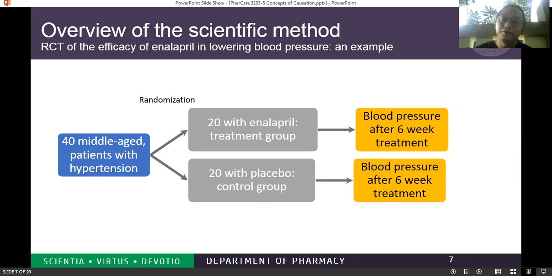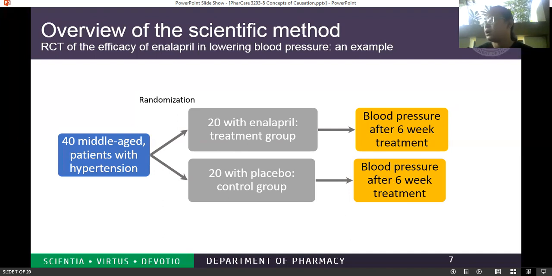And then we follow each group for 6 weeks, and we routinely evaluate their blood pressure while they are taking the enalapril. After that, we compare the difference between the treatment group and the control group in terms of the reduction of blood pressure.